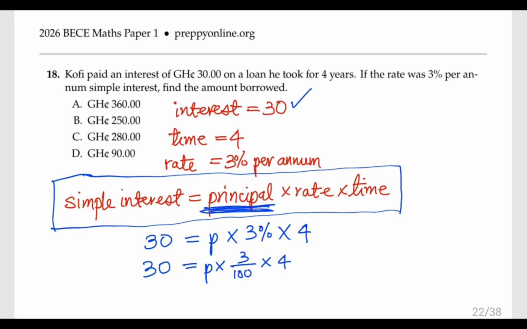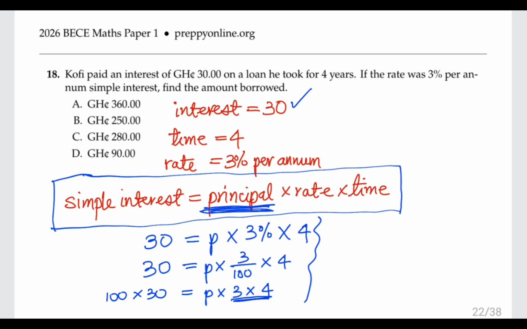So we can start by multiplying both sides by 100. If we do that, we get 100 times 30 is equal to P times 3 times 4. At this stage, we can divide both sides by 3 times 4.